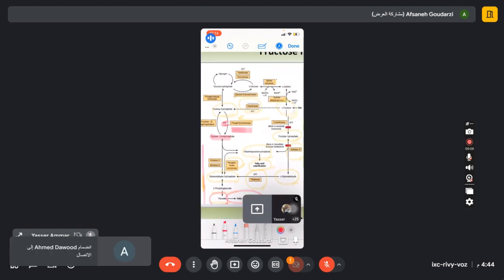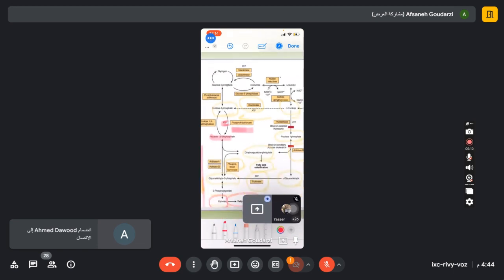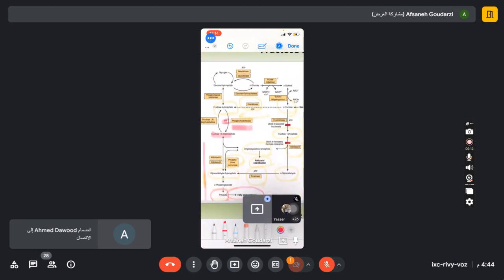So let's have a look at the top of this diagram. Okay. So here you see we have glycogen. The glycogen, upon degradation, produces for us glucose 6-phosphate. Okay. So the glucose 6-phosphate, by phosphohexose isomerase, could be changed to fructose 6-phosphate.